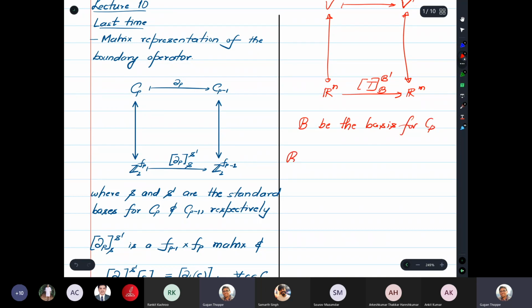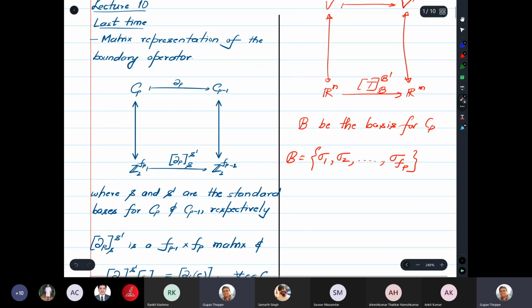In this case B will be sigma 1, sigma 2, and so on, all the way up to sigma sub FP. These are your chains with support 1. This chain has support sigma 1, this chain has support sigma 2 only, and so on. So this forms a basis for CP.